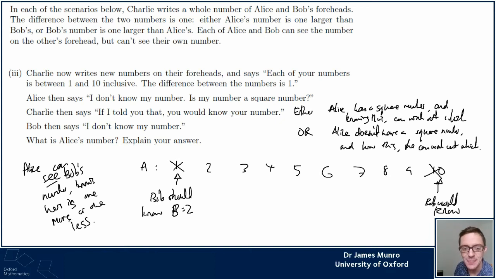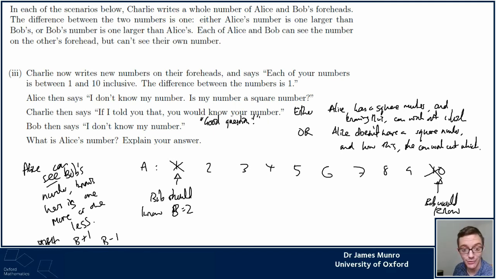Okay, so there are 2 possibilities from Alice's point of view: either Bob plus 1, or Bob minus 1. And it must be the case that one of those is square and one of them is not square. I suppose Charlie's saying, good question.